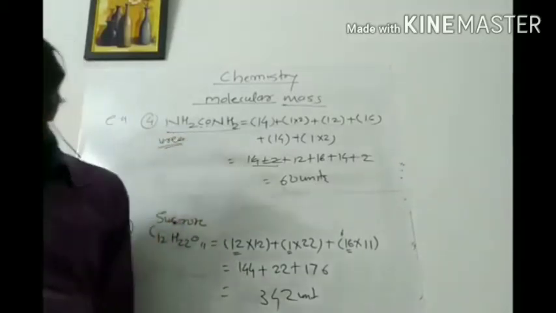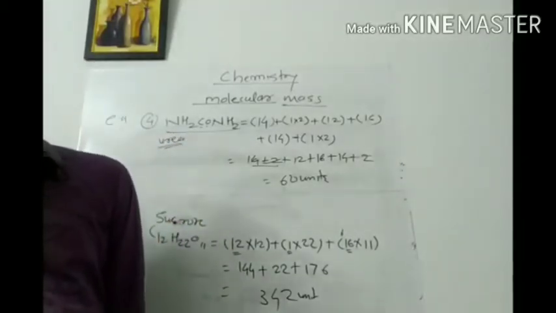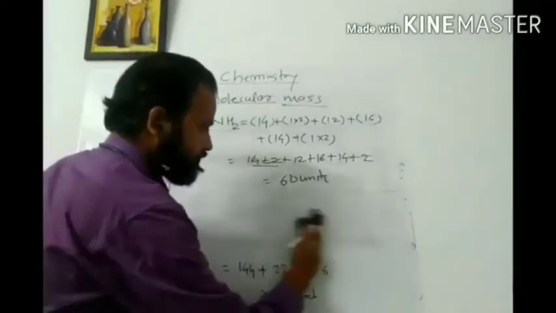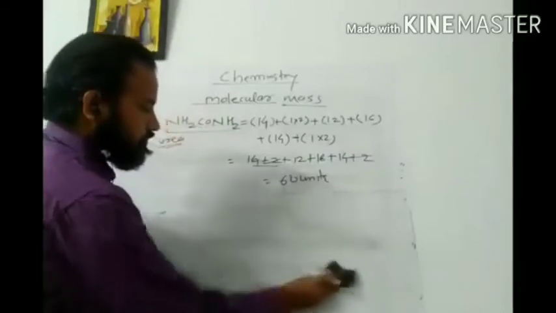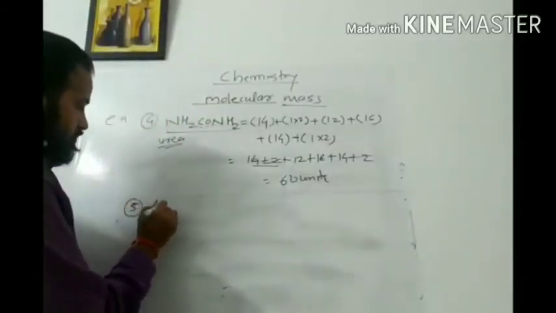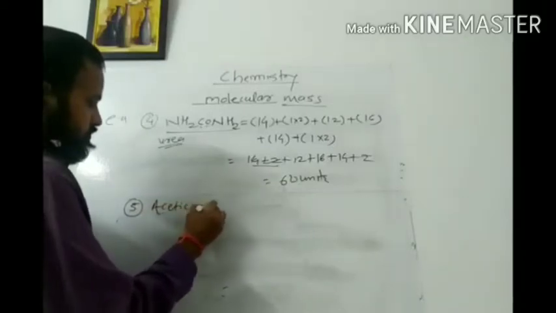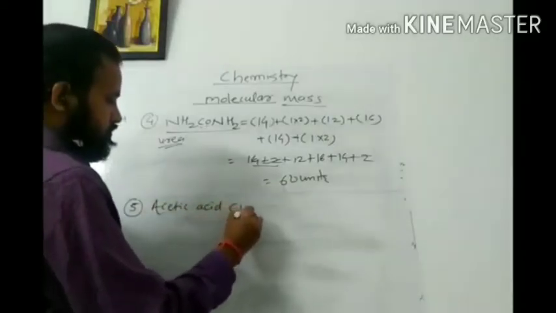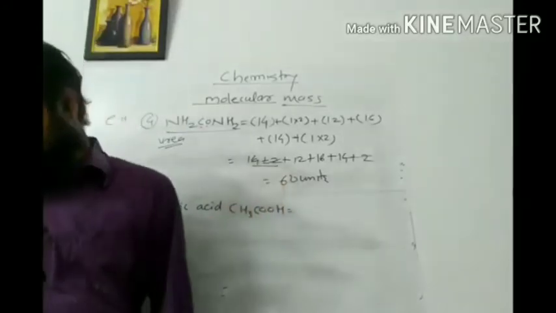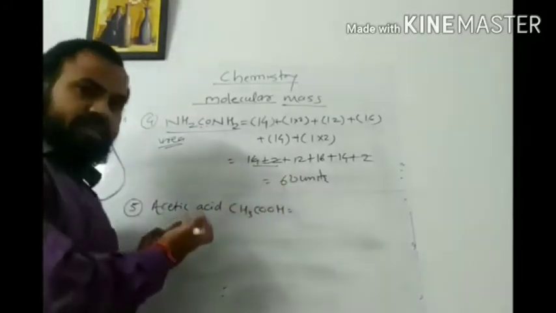Now after this we will see the last example, that is acetic acid, CH3COOH. Its common name is vinegar, isn't it?